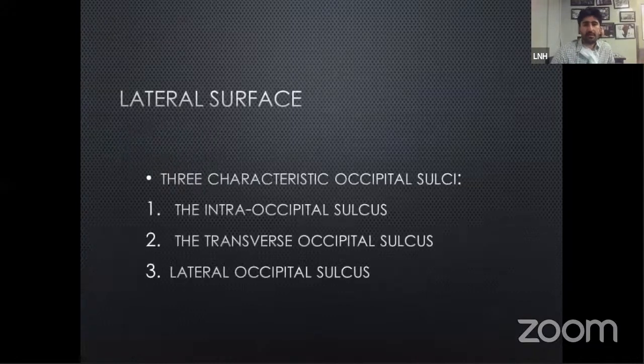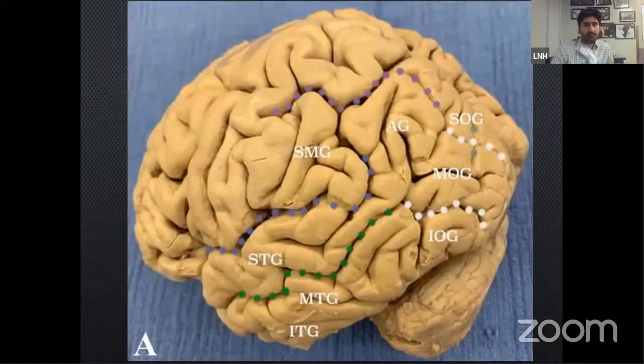Now, first of all, I will discuss the lateral surface of the occipital lobe. There are 3 characteristic occipital sulci present on the lateral surface. These sulci divide the lateral surface into different gyri. The first one is the intra-occipital sulcus, the transverse occipital sulcus, and the lateral occipital sulcus.